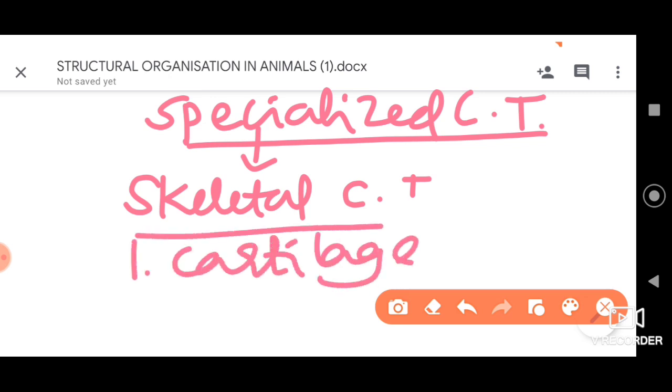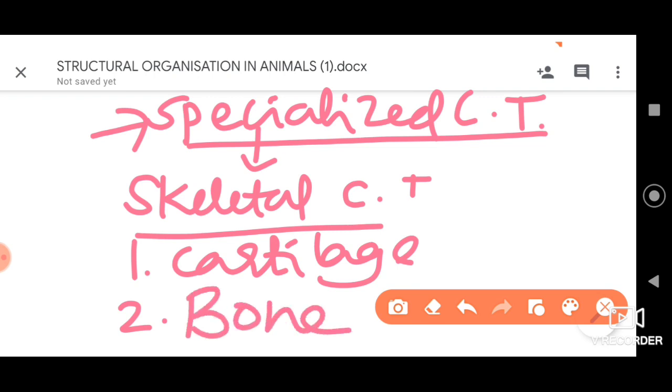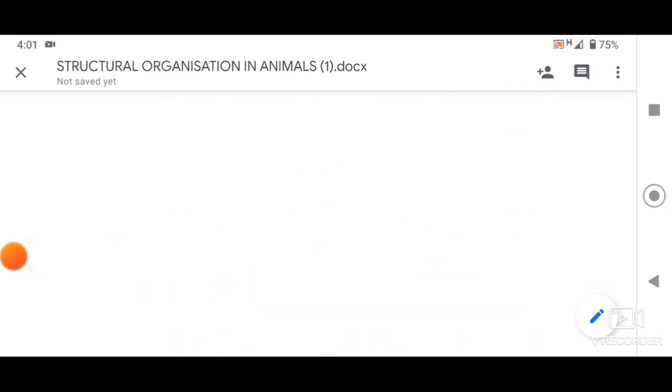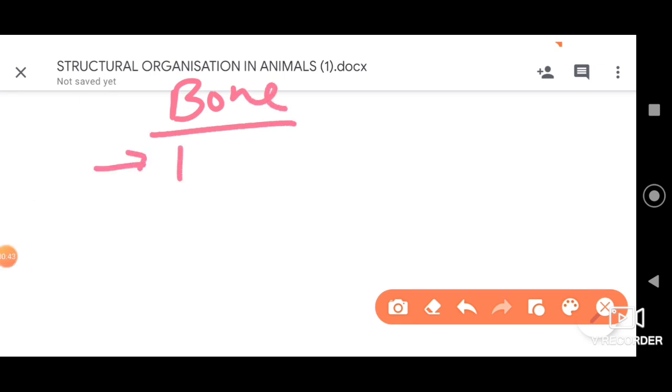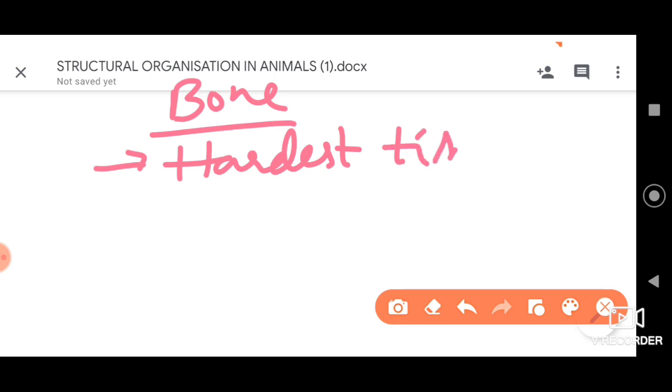Next let us go on to the second type of skeletal connective tissue under specialized connective tissue, that is the bone. When we consider the bone, it is one of the hardest tissues in the body. It is the hardest tissue present in the body, the first point.